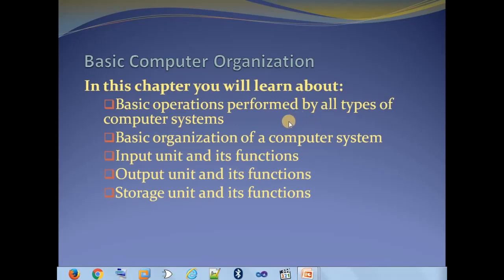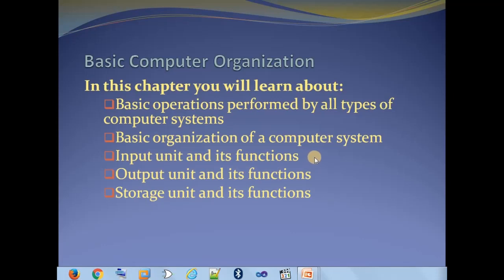So in this topic we are going to study the basic operations performed by all types of computer system, the stored program concept, and then the basic or classic block diagram of a computer system, followed by the input unit and its functionalities, output unit and its functionality, and then the storage unit.